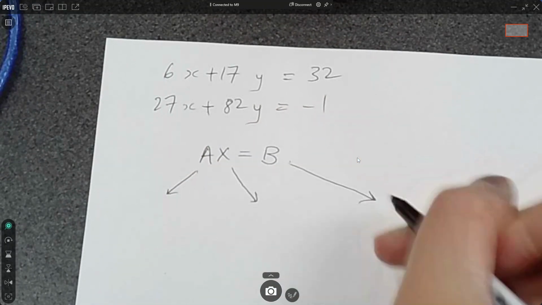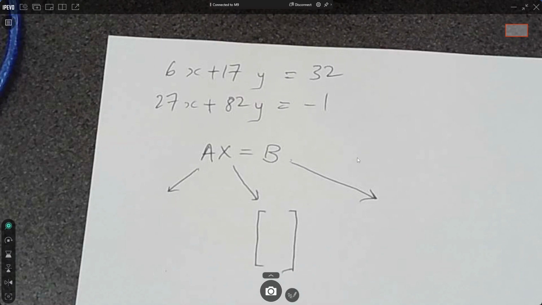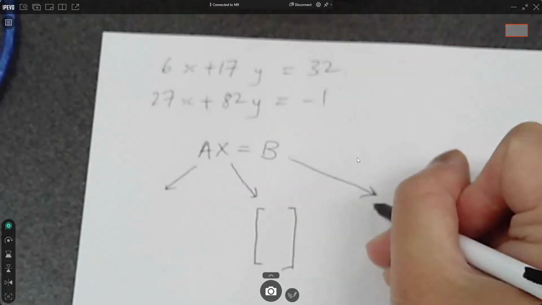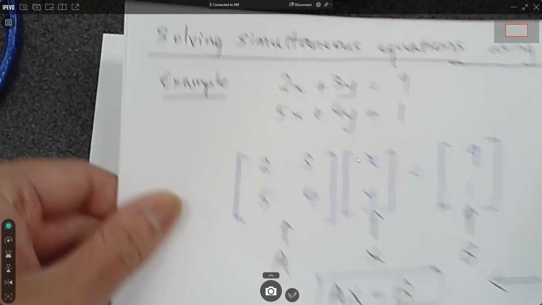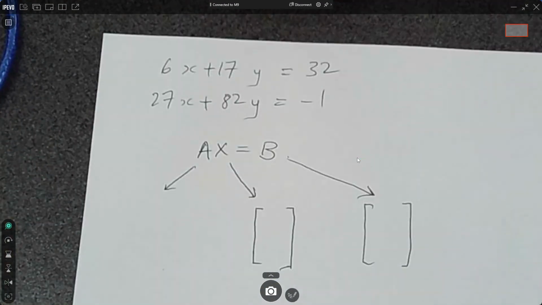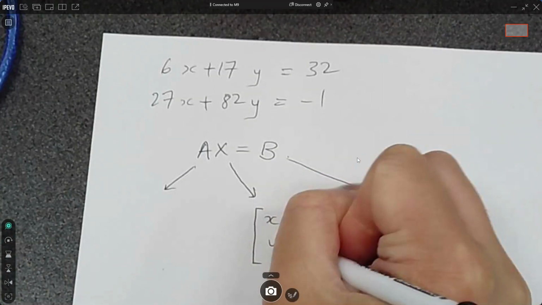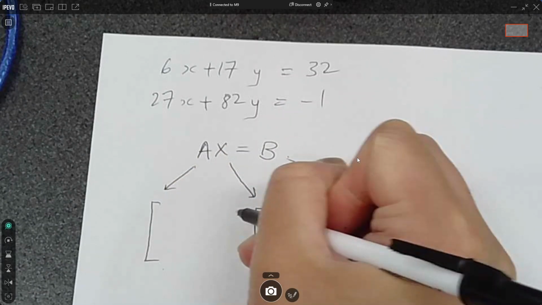All right. Let's start with the middle one. What's going to go in the middle for capital X? Not quite. So I'll show you the example from before. What goes in the middle? X and Y. All right, what about B?